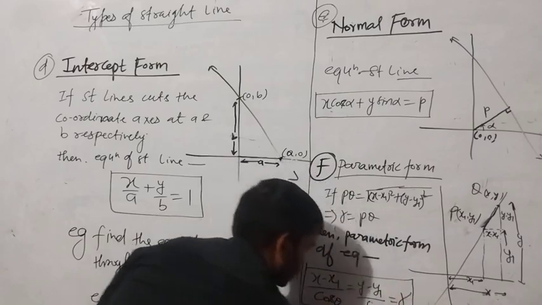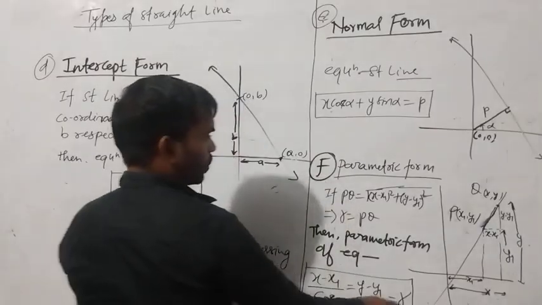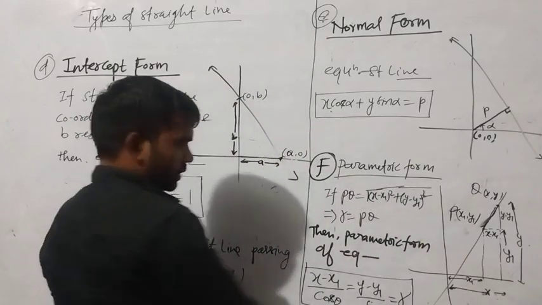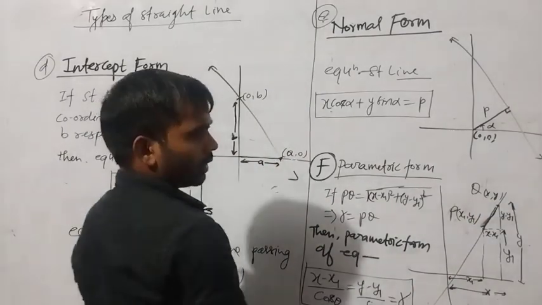As I told you, r is the distance between the two given points P and Q. So you can simply calculate this distance and calculate the equation of the line.